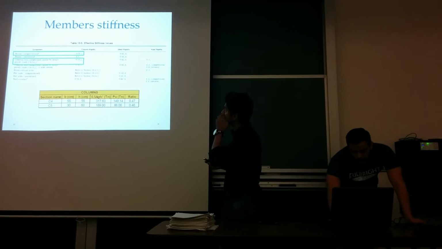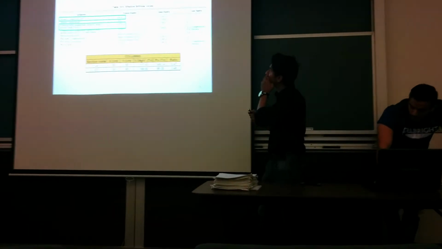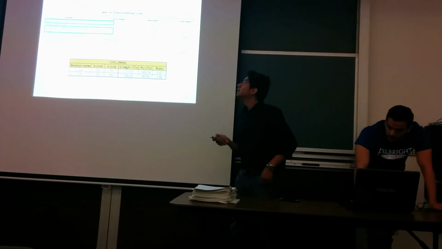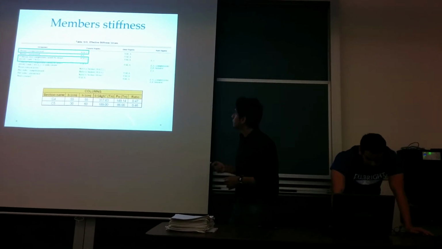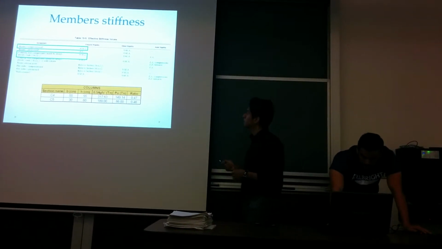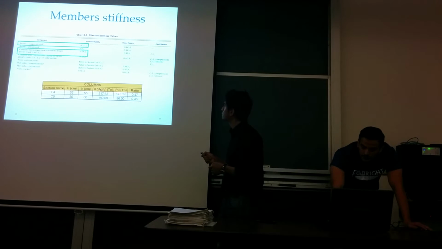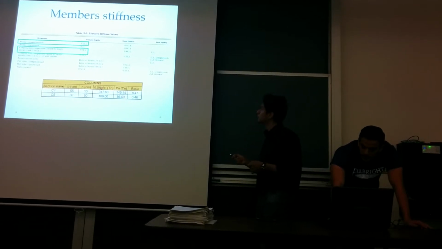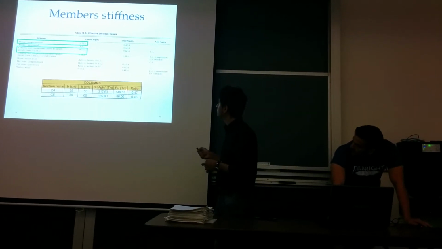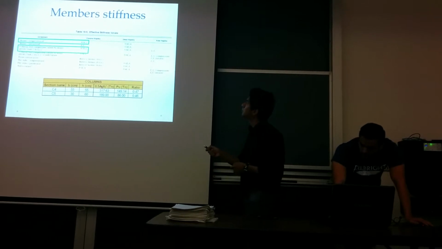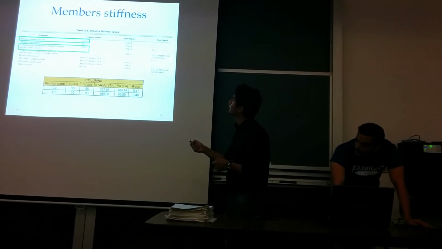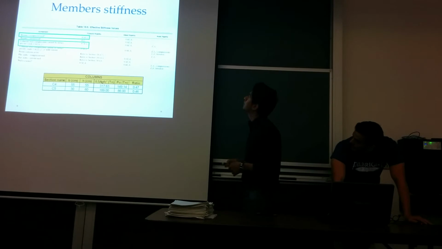For beams, non-prestressed, we consider 0.3 the value of the elastic rigidity. And for the columns, we created a table in order to have the ratio between these values. As you can see, we have almost 0.5. So for that reason, we continue with this flexural rigidity for the columns.